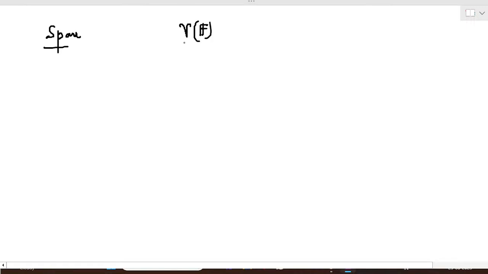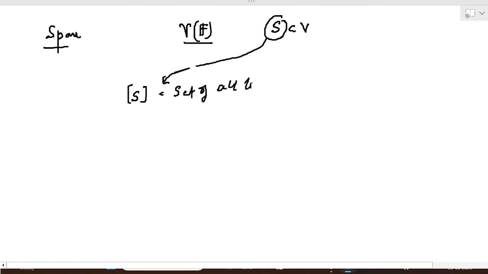If V is a vector space over field F, and S is a subset of V, then the linear span of S, which is denoted by span(S), is nothing but the set of all linear combinations.